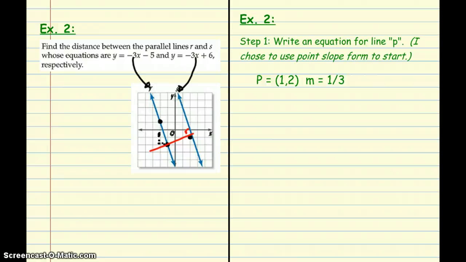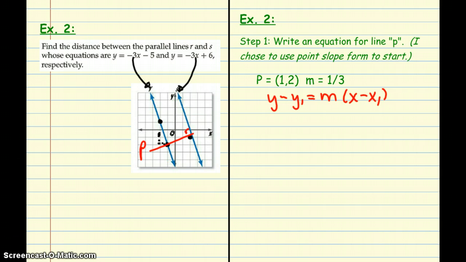So the first thing that we need to do, I want to call that equation P, or line P. The first thing that we want to do is find the equation for this line P. So in this case, I'm going to use the point slope form to start this. And again, point slope form is y minus y1 equals the slope times the quantity of x minus x1.